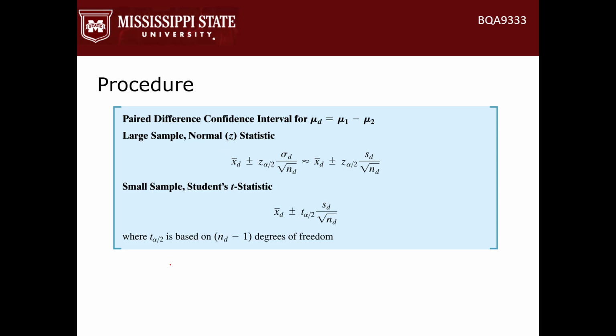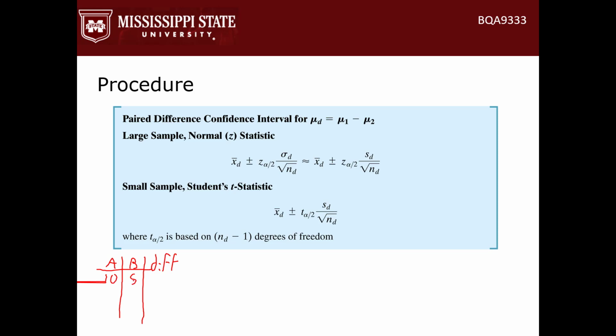Now, the key here, when we were defining before, let's do a simple example where we have groups A and B, and then the difference. Let's say this is out of 10.